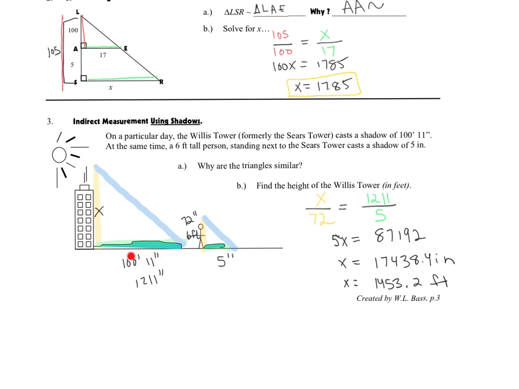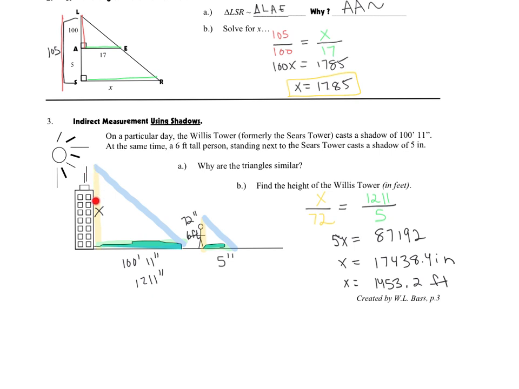Because we're going to have other inches in the problem, we're going to turn that measurement into inches. Then we have a 6 foot tall person standing here, which is 72 inches, and they're casting a shadow of 5 inches.